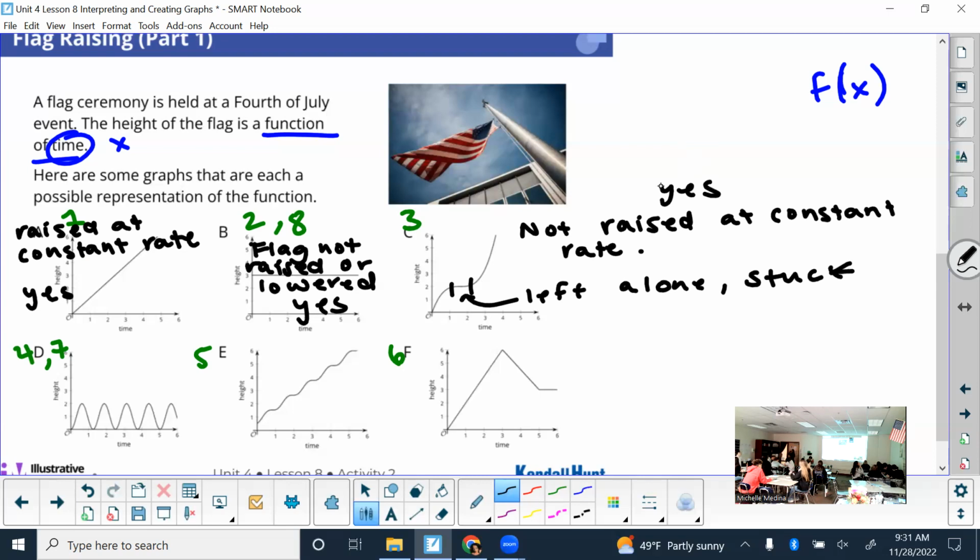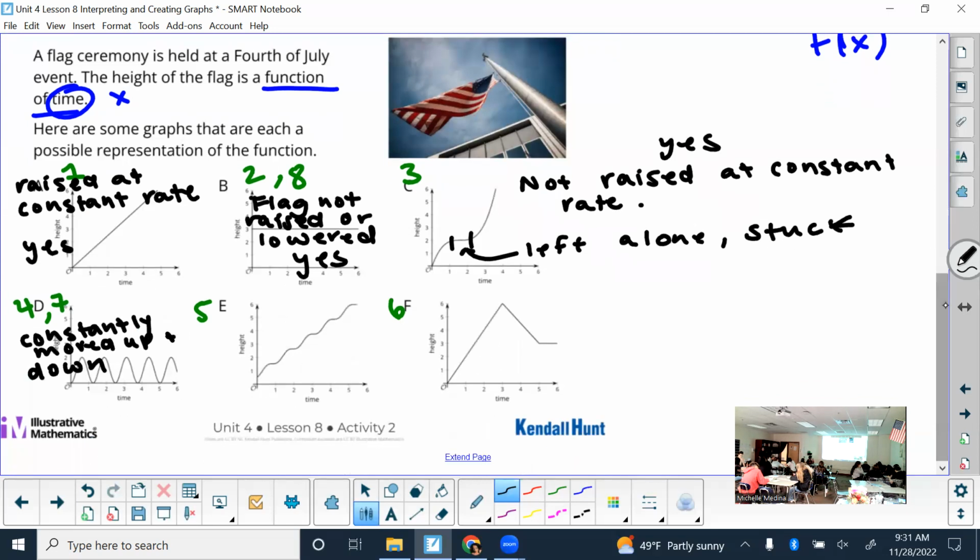Good. Table 4, what did you guys put for graph D? Okay, so constantly move up and down. Table 7, what might someone want to do that for? Or what could have happened? What did table 7 say? Just why would it be moving up and down? Do you think about what could have happened in the real world?